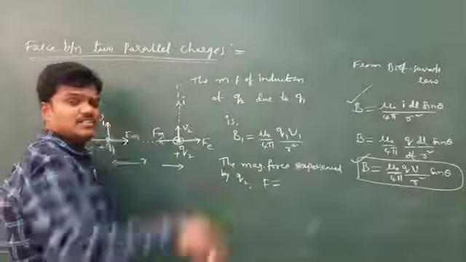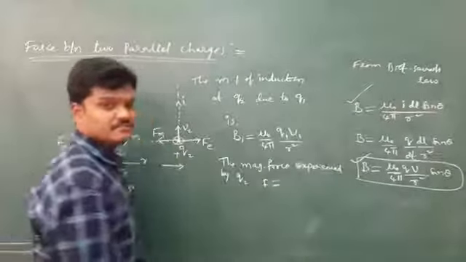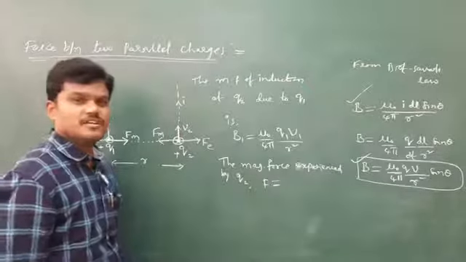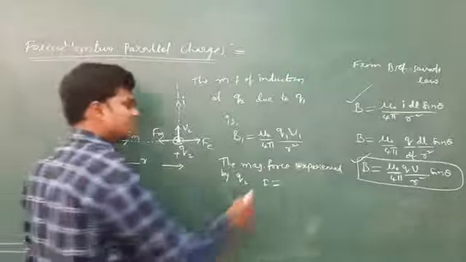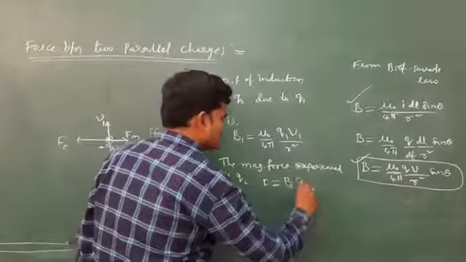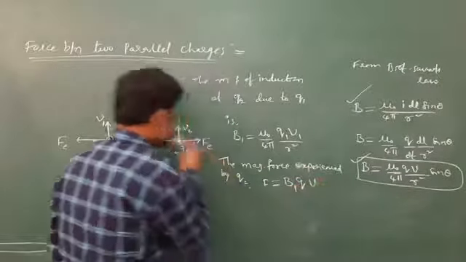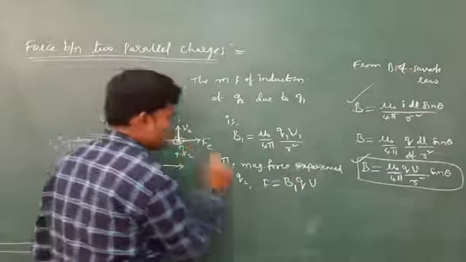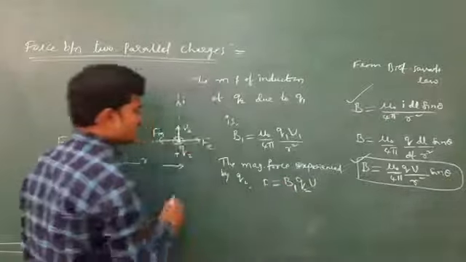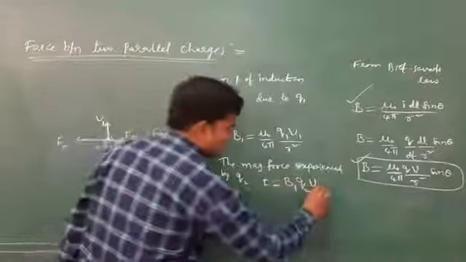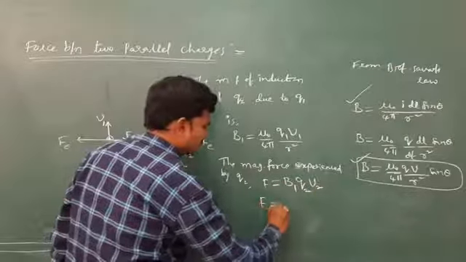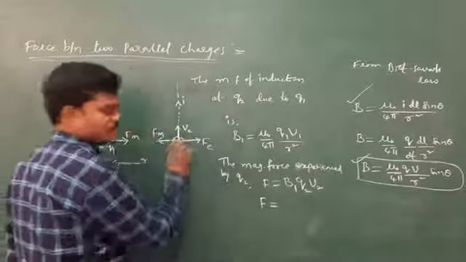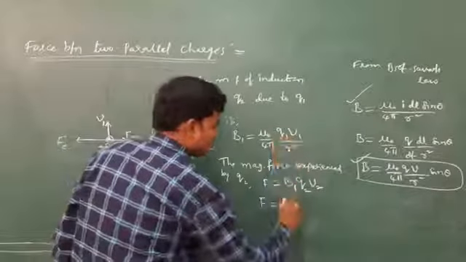If any charge is in a magnetic field, that is the force acting on the charged particle. So B Q V: B is nothing but B1, the field here is B1. Q is nothing but Q2, and V is nothing but V2. Now the force experienced by this one is B1, just now you got it.